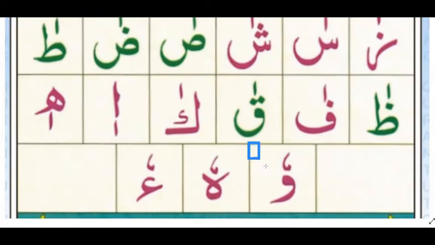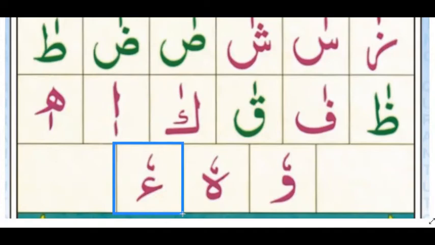Now here we can see the standing dhamma upon some letters. This is wow with standing dhamma. We will read it as wow standing dhamma, woo. Next one will be ha. Ha standing dhamma, who. And the next is hamza with standing dhamma. That will be oo.